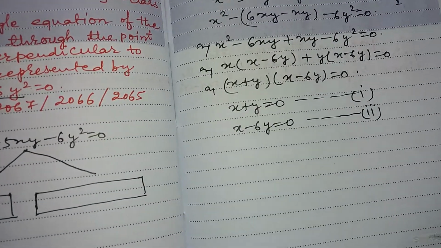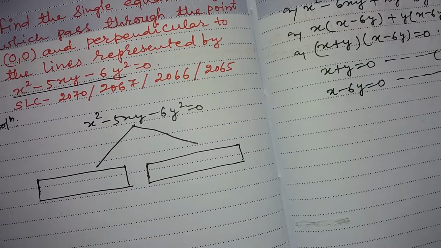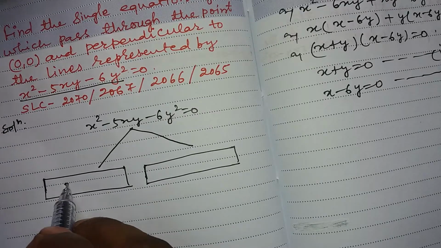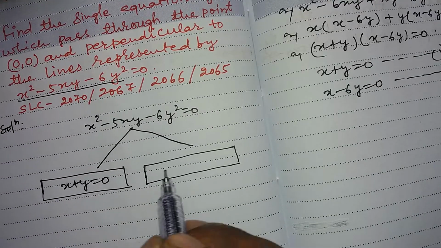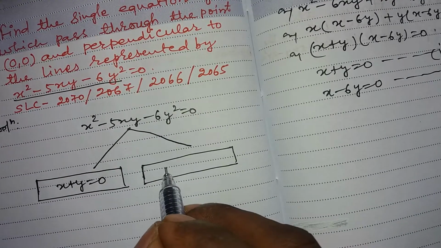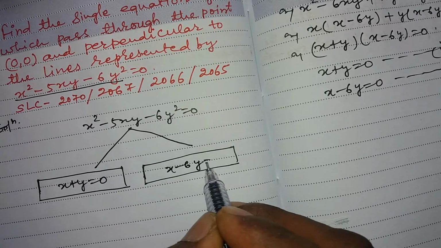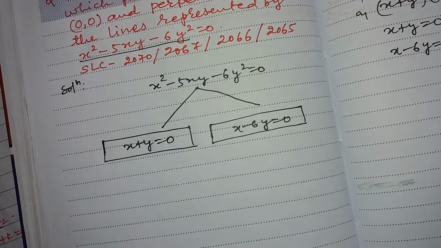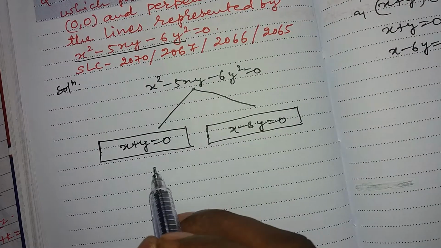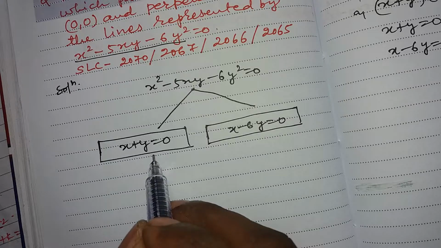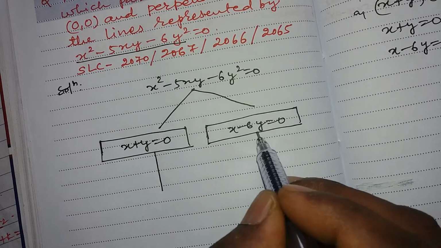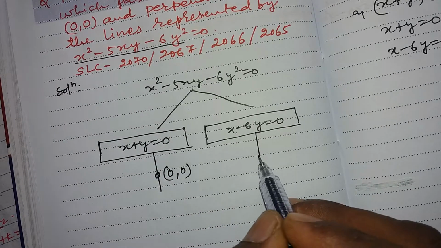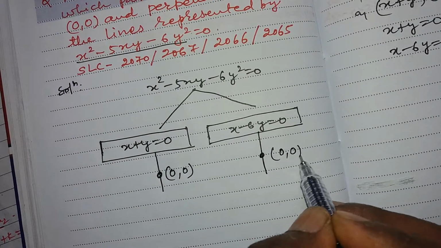We got two separate equations, and we write them here. Equation 1 is x plus y equals to 0. Another one is x minus 6y equals to 0. After getting the equations, this line is passing through one point. This point is 0, 0, and this point is also 0, 0.